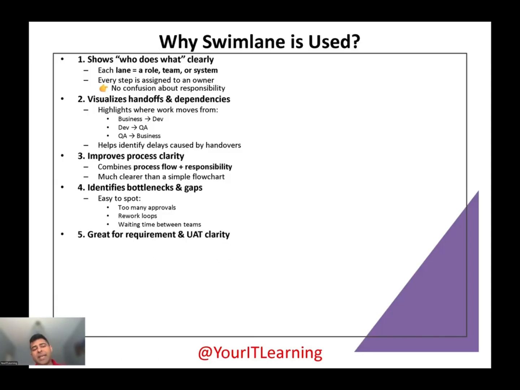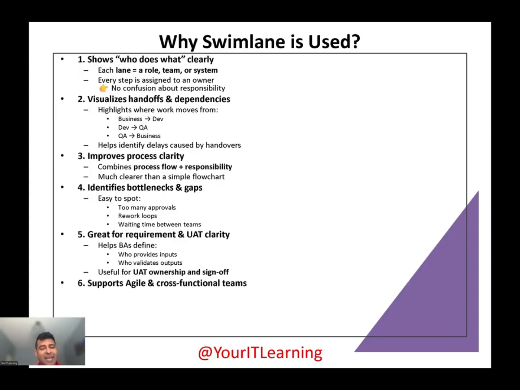Great for requirement and UAT clarity, it helps business analysts define who provides input and who validates output, useful for UAT ownership and sign-off. UAT is user acceptance testing. It supports agile and cross-functional teams, ideal for Scrum teams with PO, business analysts, developers, QA, and business users.